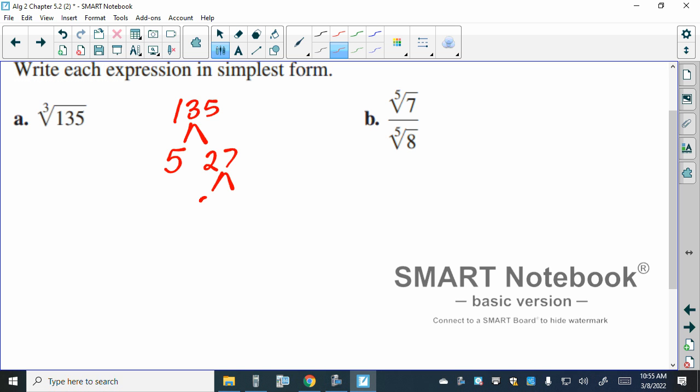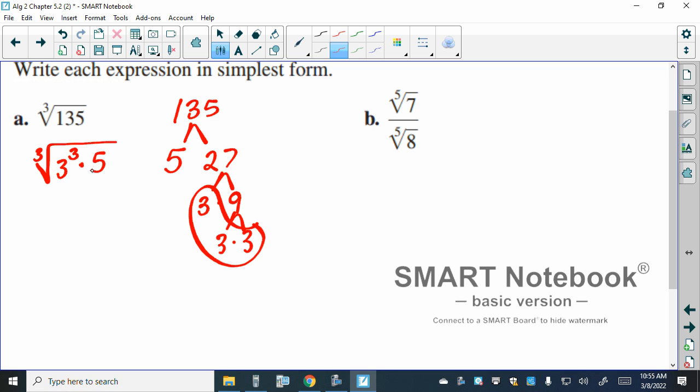Now 27 would be 3 times 9, and well, we do have 3 3's. So we're saying that I have the cubed root of 3 cubed times 5. Now, according to the multiplication principle, we really have the cubed root of 3 cubed times the cubed root of 5, because I can split that multiplication up into each individual term.